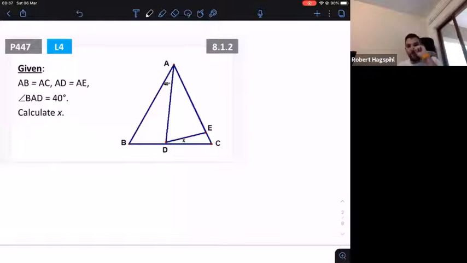If they ask me to calculate X, probably what I'm going to have to do is set up an equation. So somehow you just need to fill in as much as you can until there's some sort of equation that you can pull up, set up, and then do.